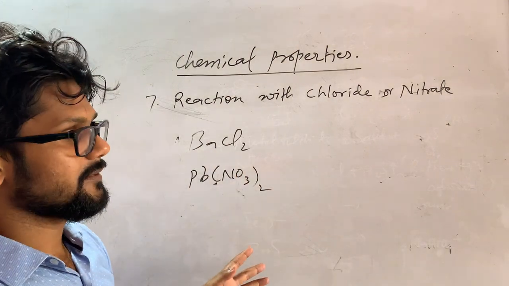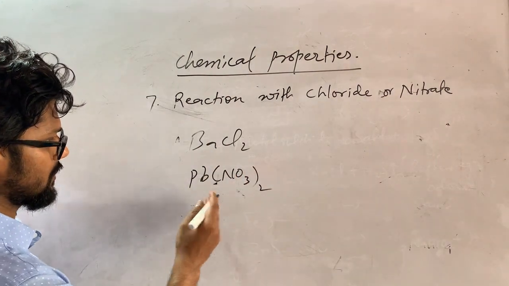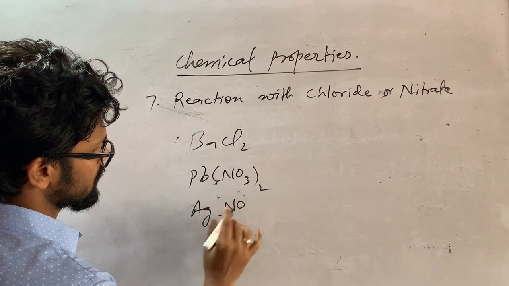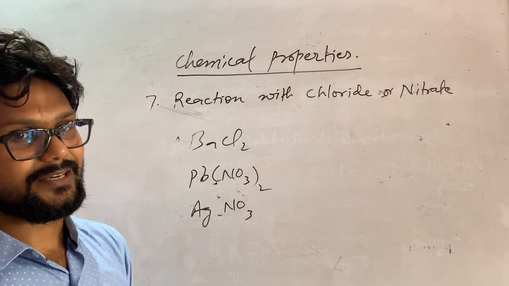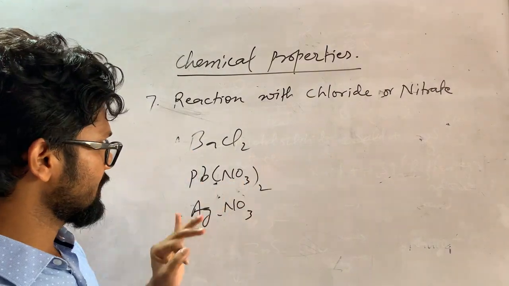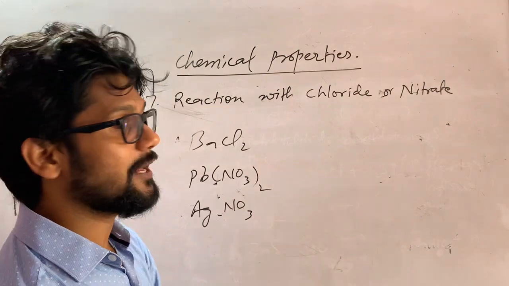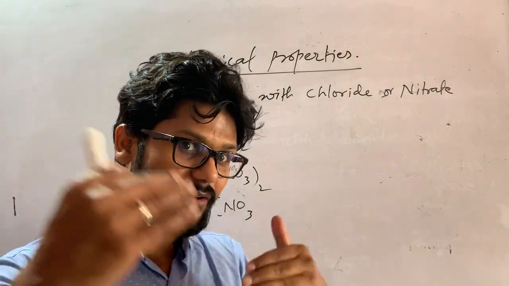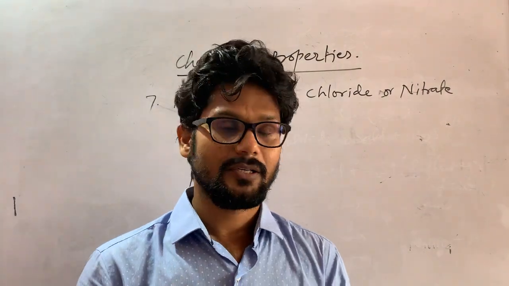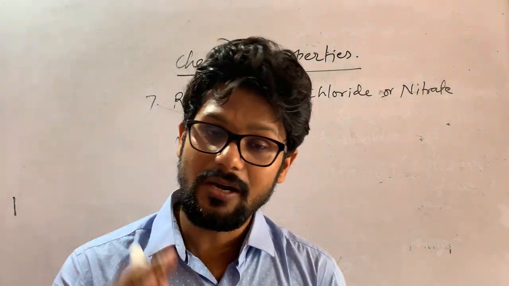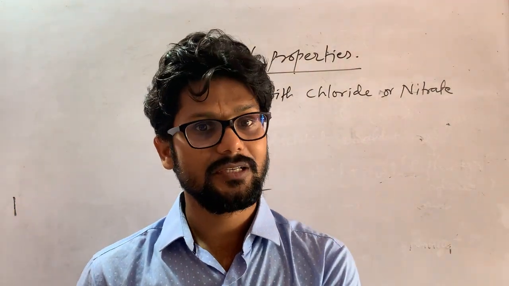More examples are silver nitrate and mercury nitrate. These three nitrates, lead nitrate, silver nitrate and mercury nitrate, can react with dilute acid. But the rest of the nitrates and chlorides, except barium chloride, will only react with concentrated acid.